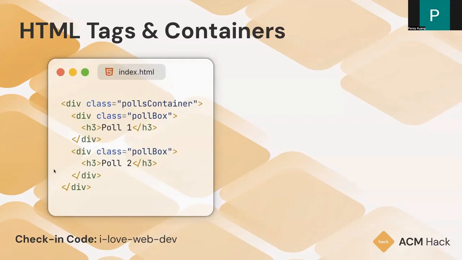This is a good way to section off your web pages and put functionality onto large groups of HTML elements. So here you can see, for example, for our polls app, we would have our polls container, and then inside we would have two poll boxes. And then inside there, we have an H3 tag, which is just a text tag, labeling poll 1 and poll 2.